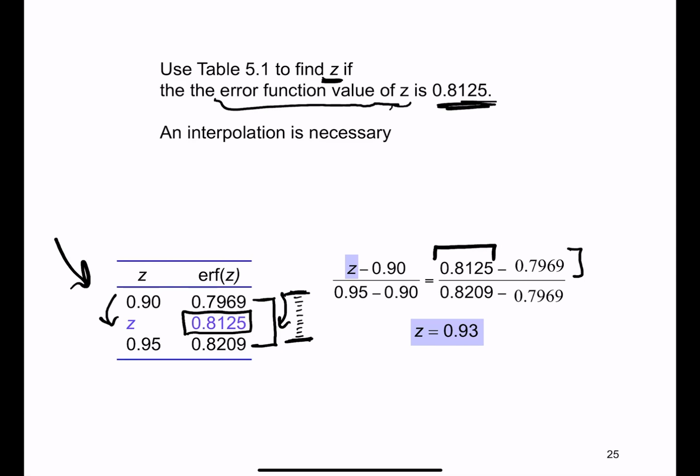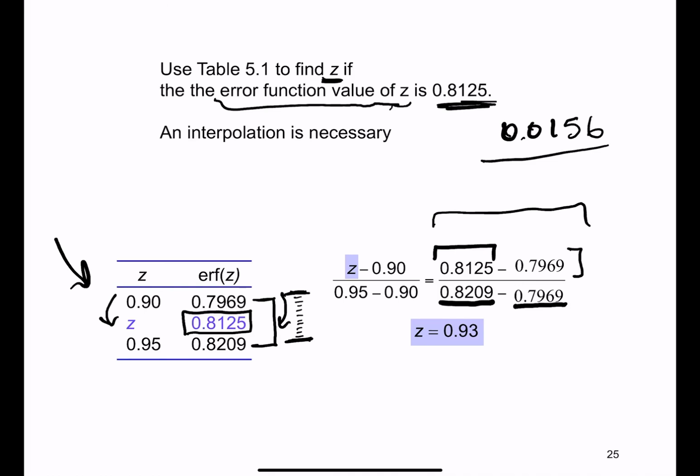So that's going to be 0.8209 as our upper limit minus the lower limit, 0.7969. And so that outcome here should be 0.8125 minus 0.7969, a numerator of 0.0156.